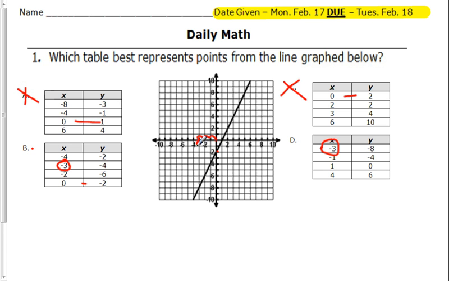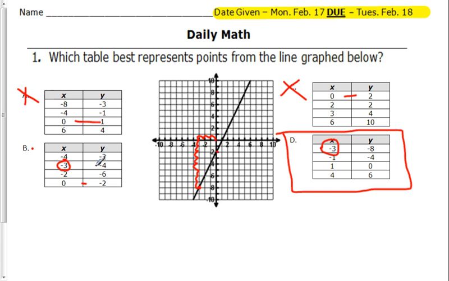So this is 1, 2, 3, 4, 5, 6, 7, and 8. So that point is found at negative 3 and 8. So the correct answer is D.